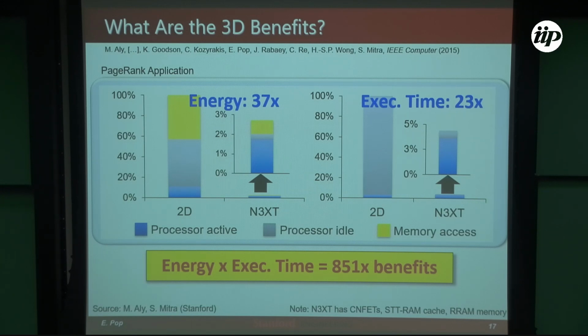So it's still pretty good. Sometimes I say 1,000 just because it's a nice round number, and I like to round up sometimes. And again, the improvement comes from energy, so it's 37 times more energy efficient by essentially bringing the memory right on top of the logic. And the execution time is also improved by about a factor of 23x. So that's that little bar over there versus this big bar over here.